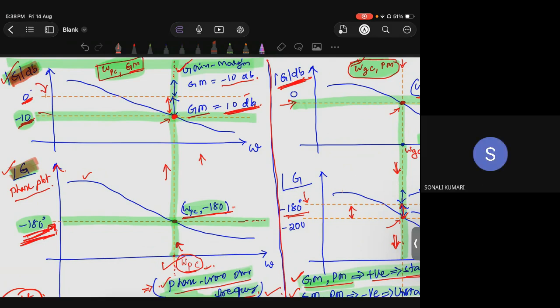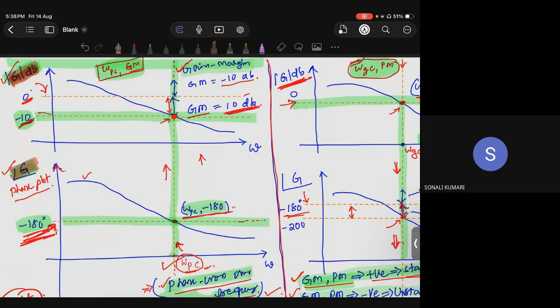Okay, fine. You have the magnitude plot as well as the phase plot. On the left part, we will be discussing the phase crossover frequency as well as the gain margin.